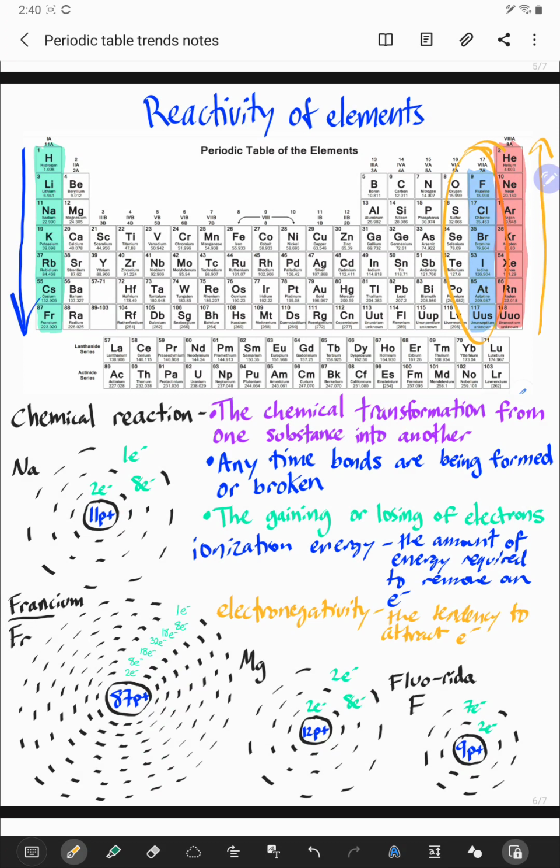And for these elements here on the right, they want to gain an electron. And in order to gain an electron, it's going to be important that they have a high attraction for electrons. So if they have a high attraction for electrons, they're more likely to gain an electron. And if they gain an electron, then they cause a chemical reaction and are therefore more reactive.